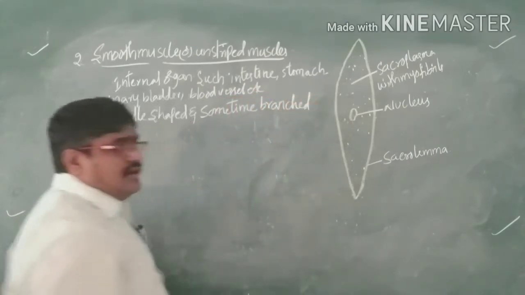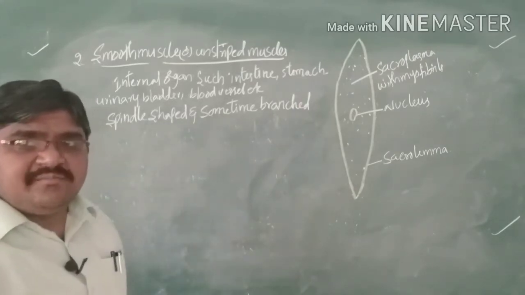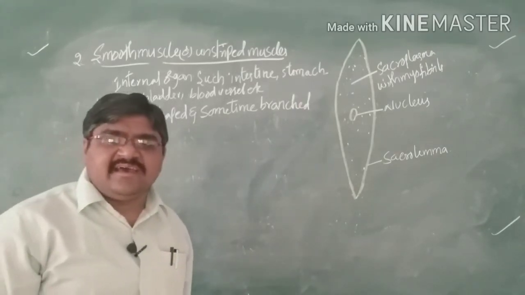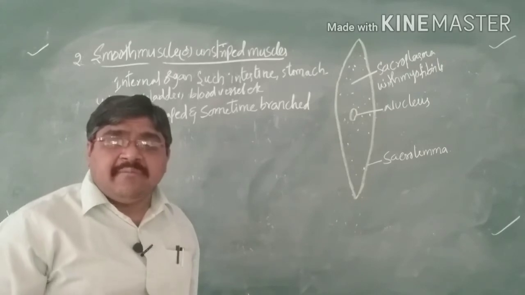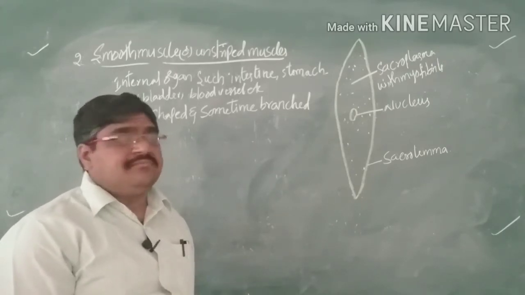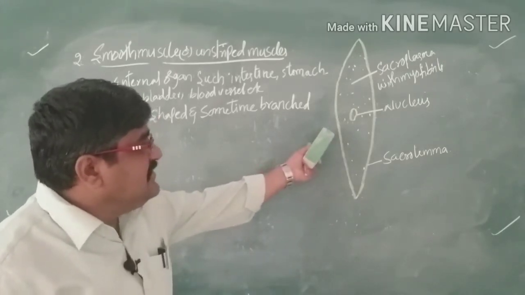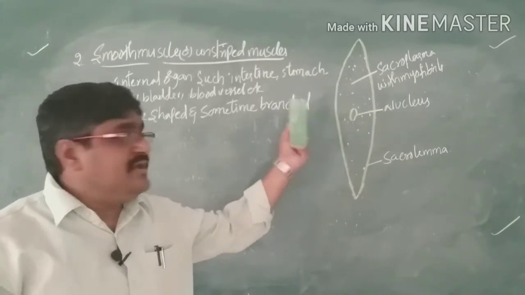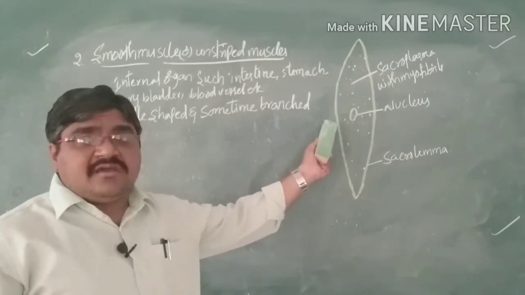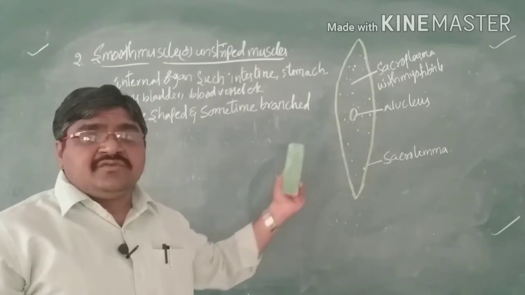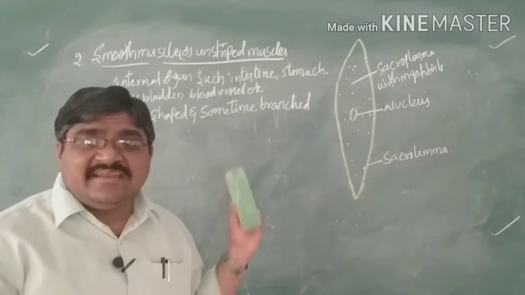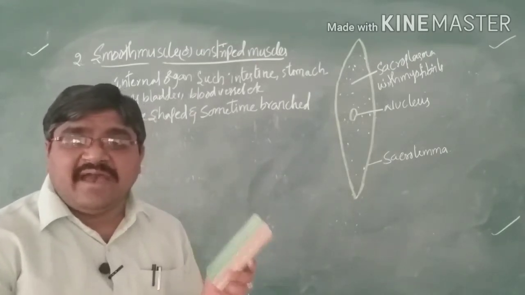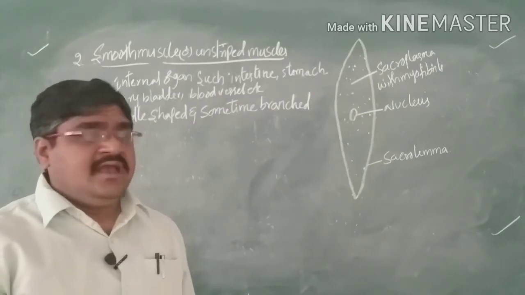But in striped or voluntary muscles, there are blunt ends and they are not branched. These have a spindle-shaped nucleus. Since they are present in internal organs, we call them smooth muscles.